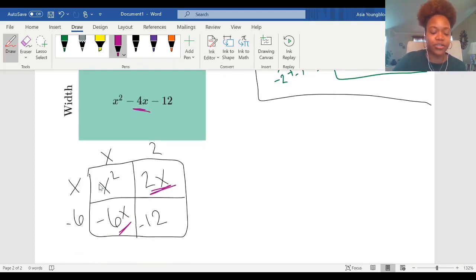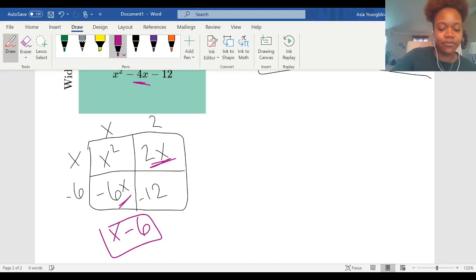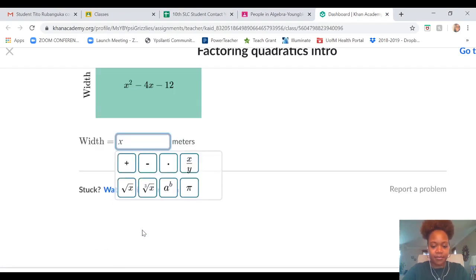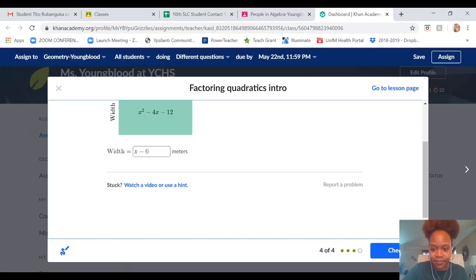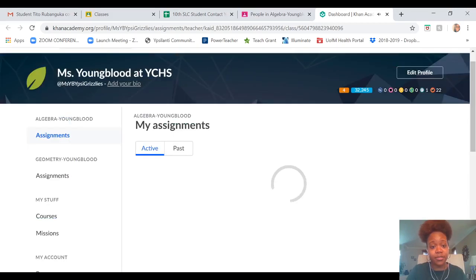Our width, the factor we were not given, was x minus 6. So that would be the answer we would put for that last problem. X minus 6. Again, that was our last problem.